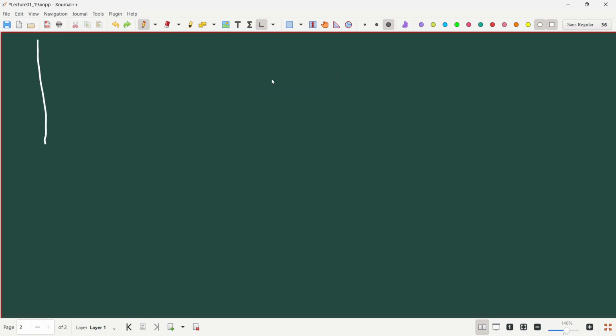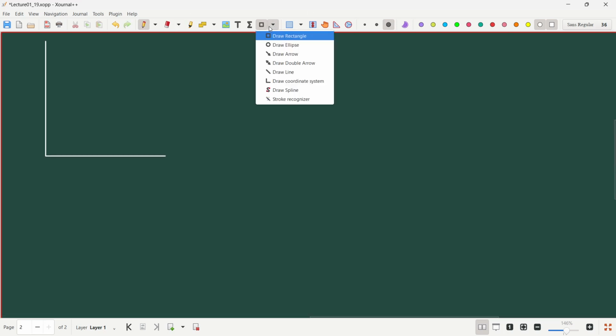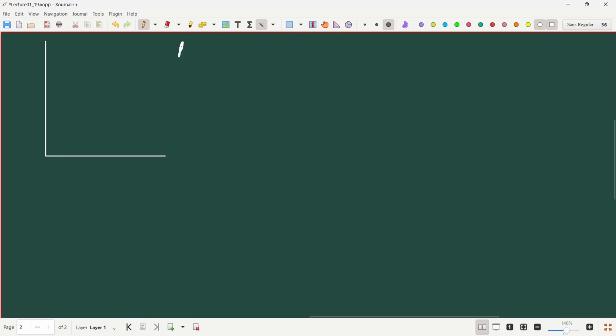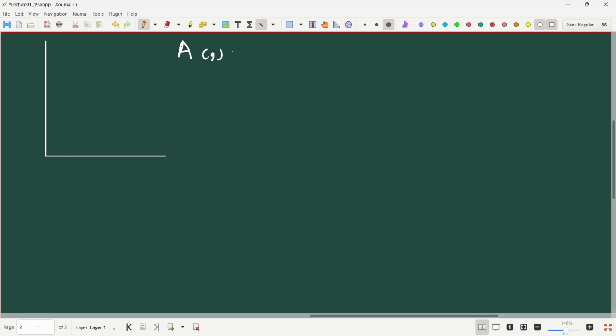So let's imagine now, let's go back to our, sorry, let me undo all this. I'm trying to draw a coordinate system. So let's imagine again that we have A equilibrating with B. Let's just do a one-body problem.